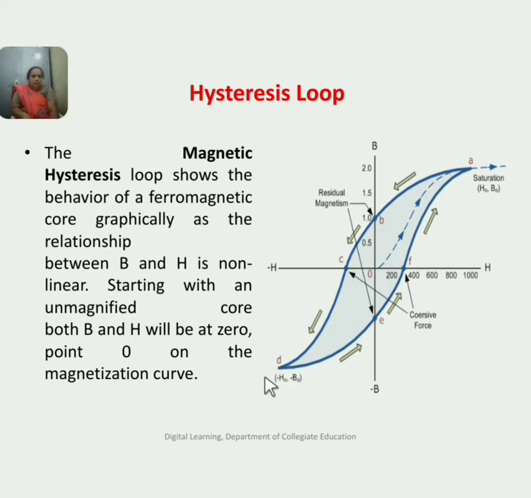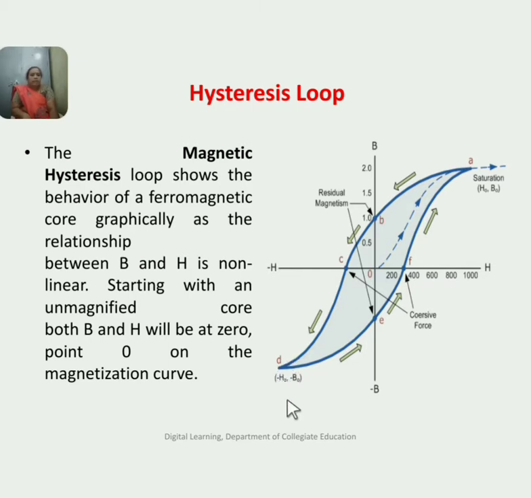That point is represented by E. So this point is similar to A. A and E are both saturation points, but A is in the positive direction and this point is in the negative direction.